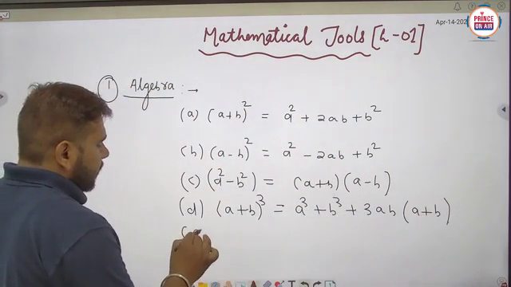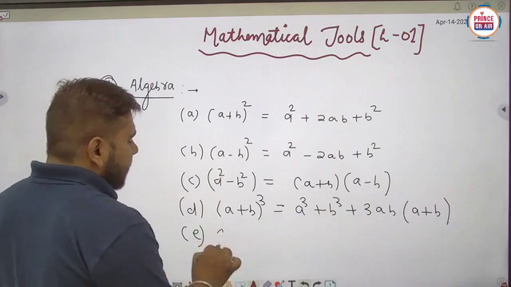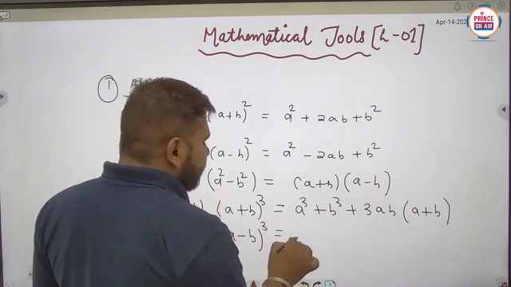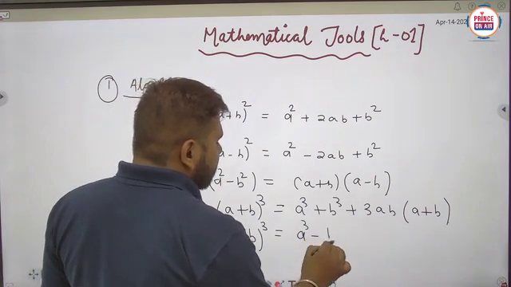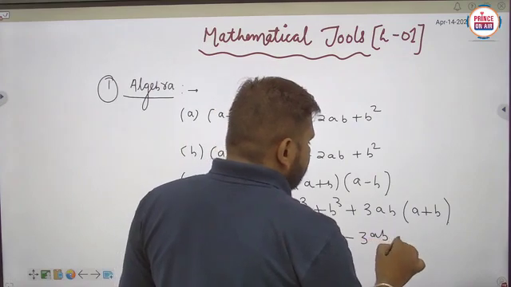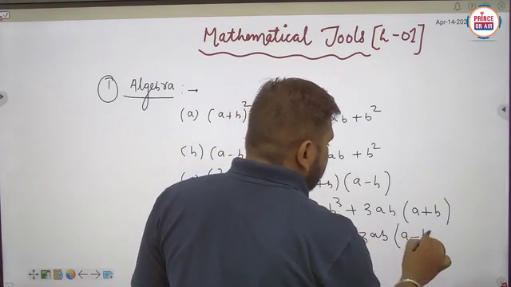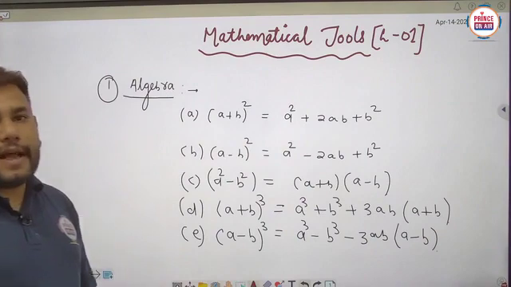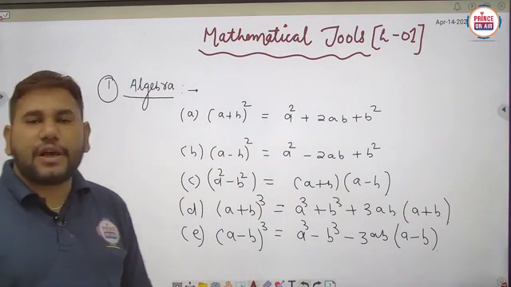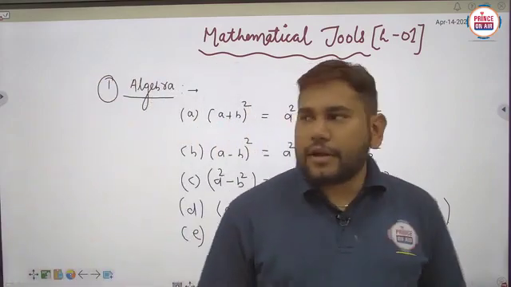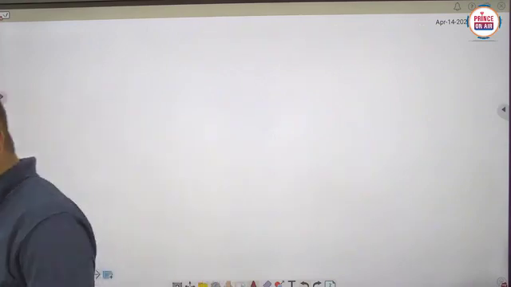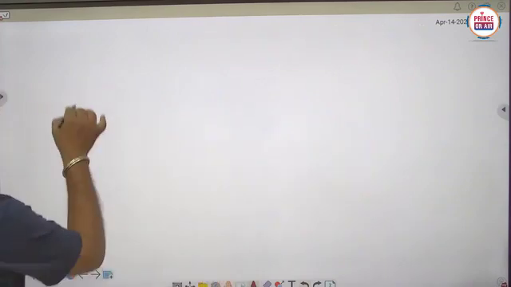Next formula, (a - b) whole cube, that is equal to a cube minus b cube minus 3ab into (a - b). So in algebra, we discussed 5 formulas which you have to learn. Clear beta?